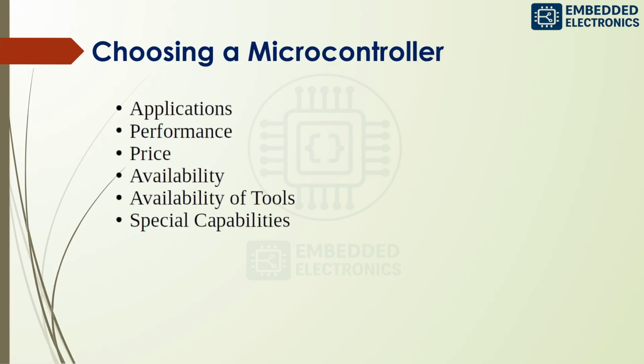One built-in feature can simplify your entire design. So always choose the minimum chip that satisfies all 6 factors, not the most powerful or expensive one. That's how you need to choose a microcontroller.